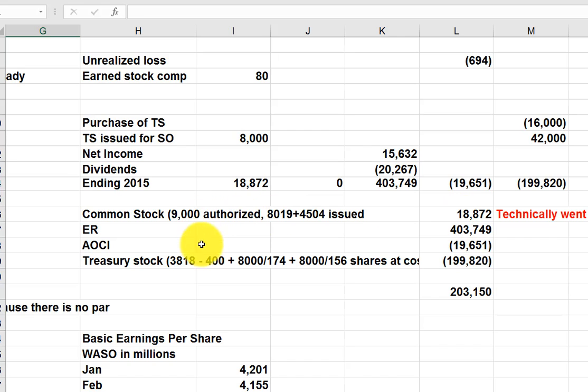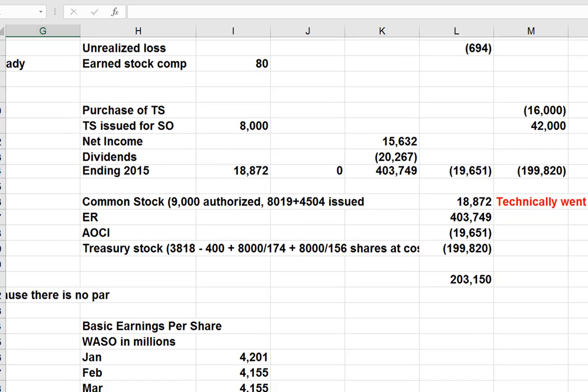And let's see. This I gave you, how it would calculate out. You wouldn't put all this information in real life. You would just put the total shares that were in the treasury.